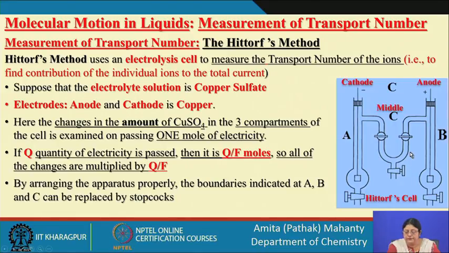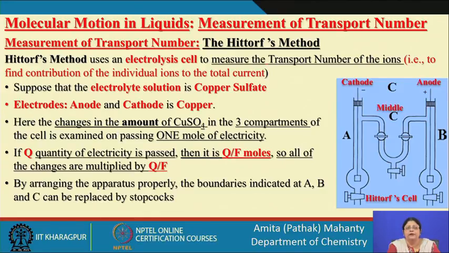Each compartment will have the electrolyte copper sulphate. Now, what we are going to see is the change in the amount of copper sulphate in each of the three compartments on passing of 1 mole of electricity.